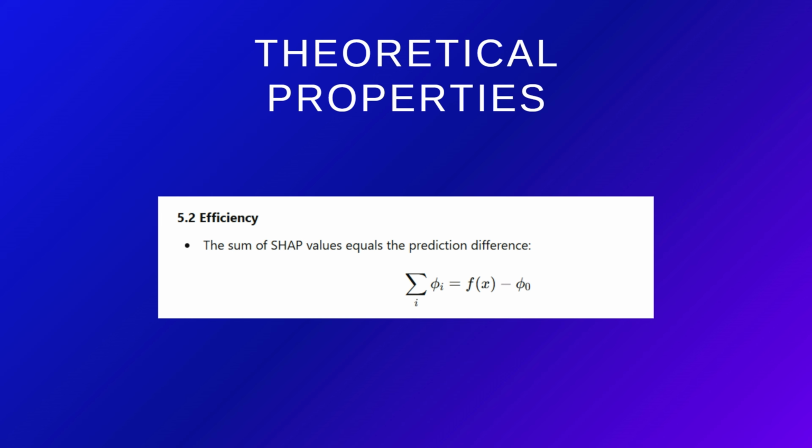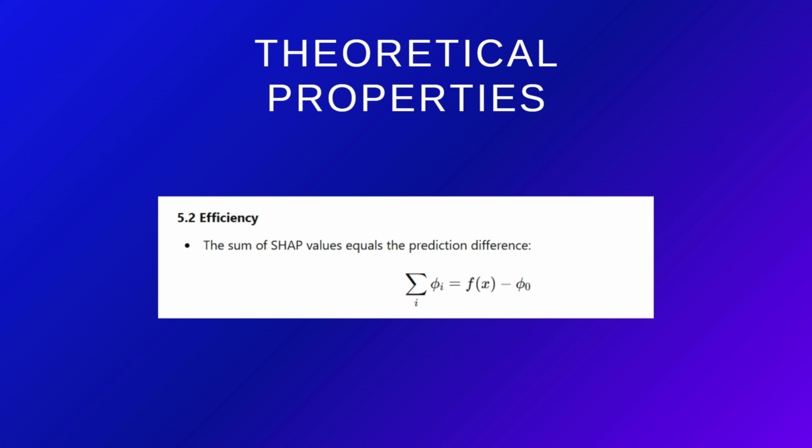And for model-specific optimizations, SHAP offers specialized methods tailored to specific types of models. These methods leverage the structure of the model to speed up the computation. And here we have a trade-off between accuracy and runtime.